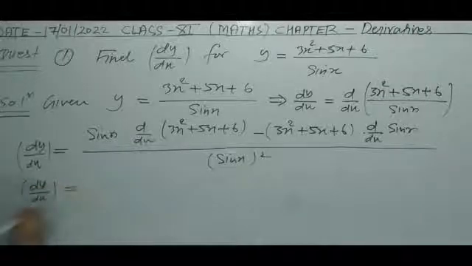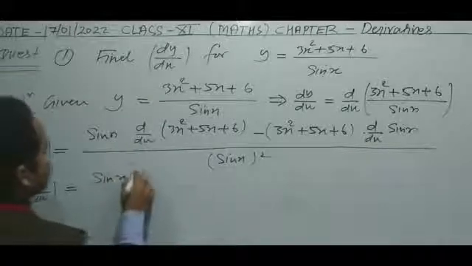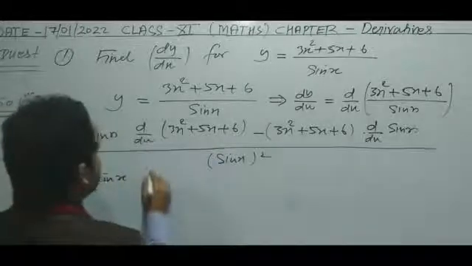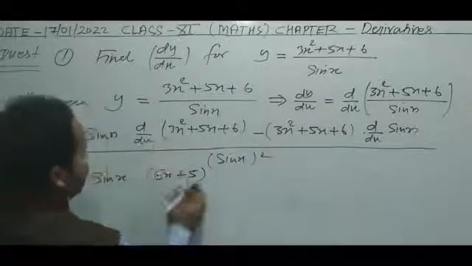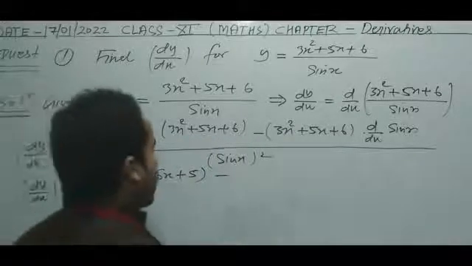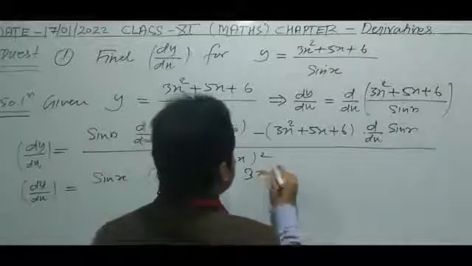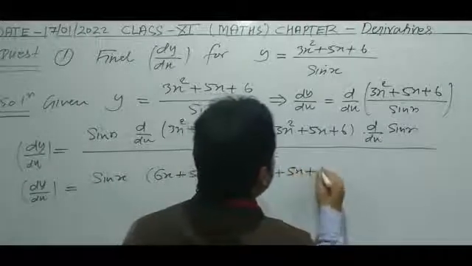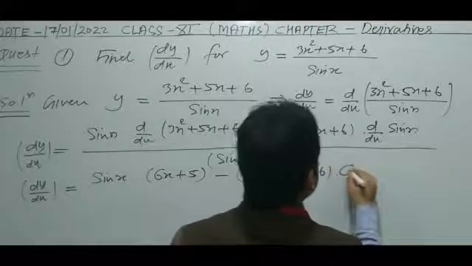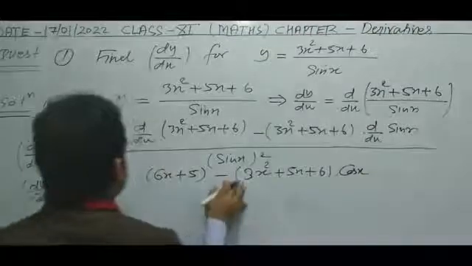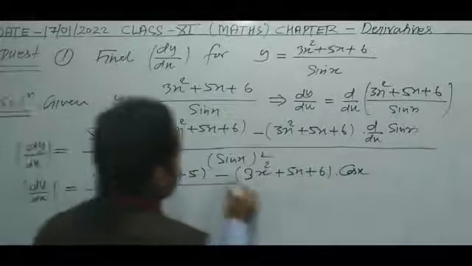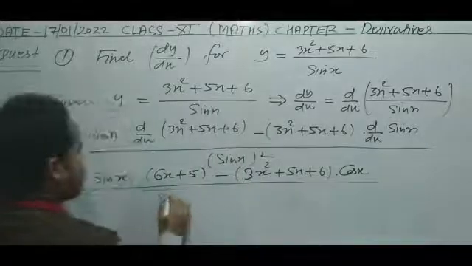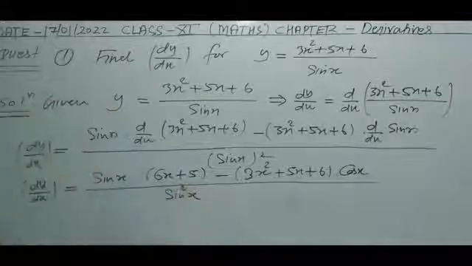So dy by dx result we can write, this is sin x into this result is 6x plus 5. Its derivative is 6x plus 5. So now minus sign, 3x square plus 5x plus 6 into this result is cos x, whole upon sin square x.